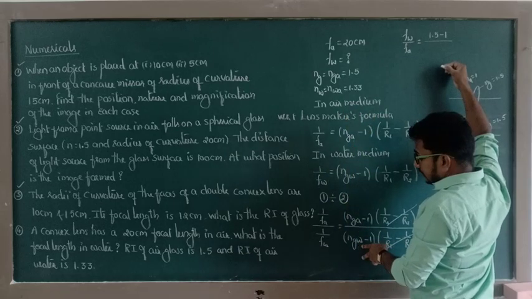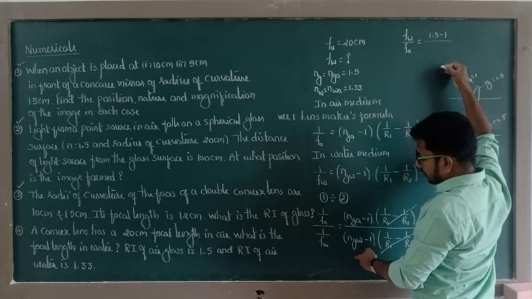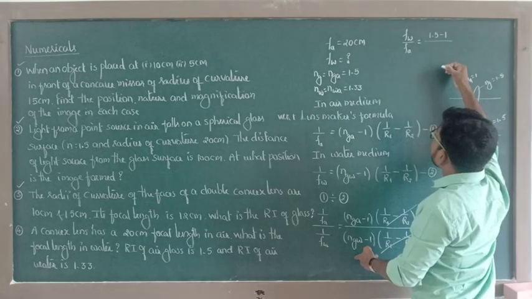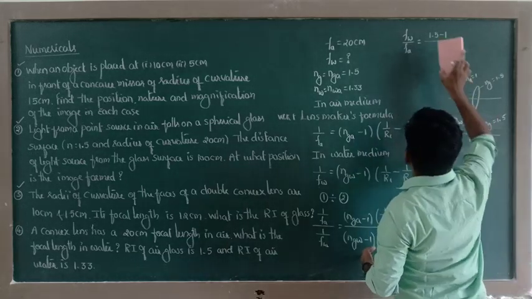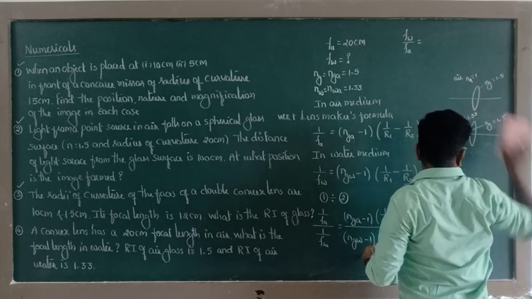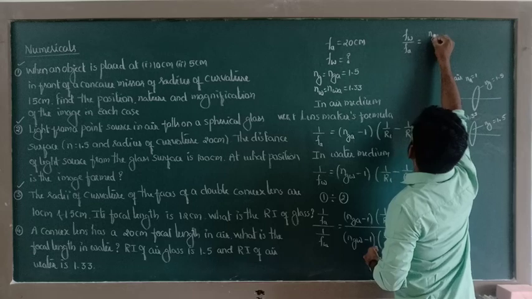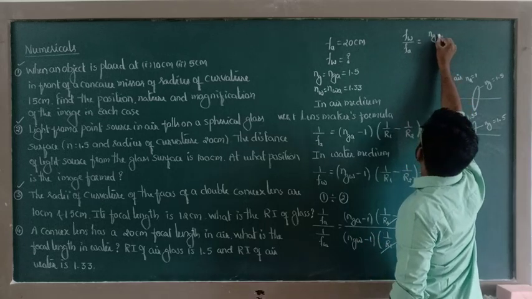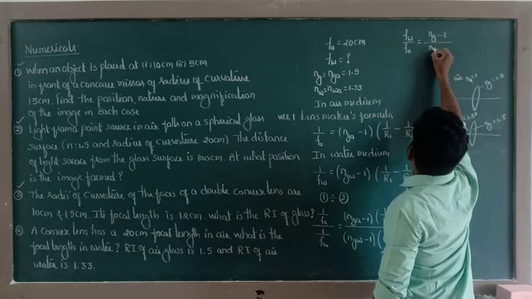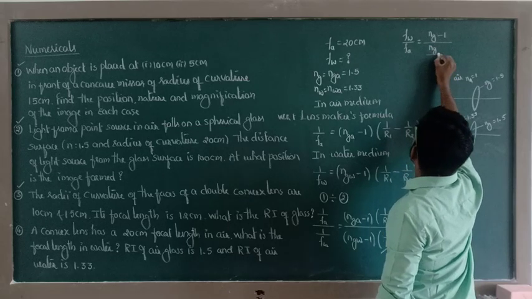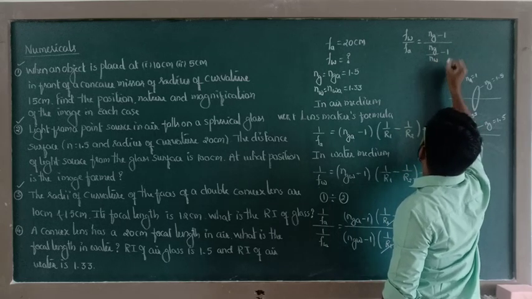So we can write this as refractive index of glass divided by refractive index of water, because we know the relation between relative refractive index and absolute refractive index. If you want, you can write one more step: Nga or Ng, both are same, absolute refractive index, minus 1, divided by refractive index of glass divided by refractive index of water, minus 1.